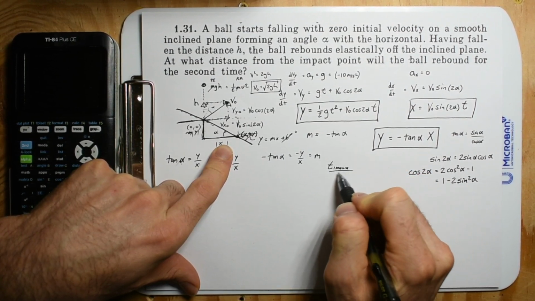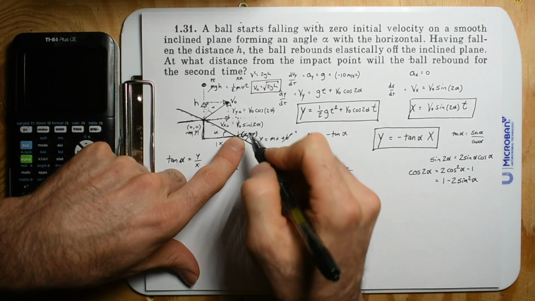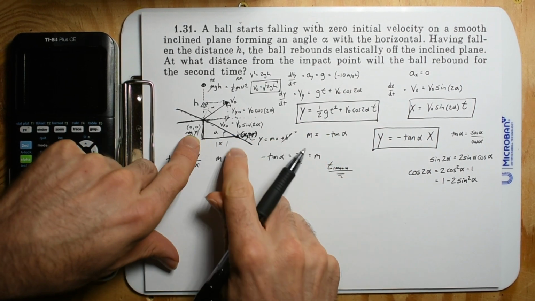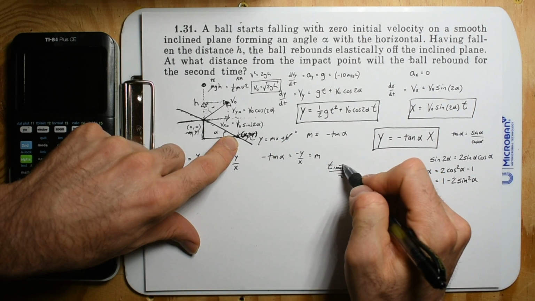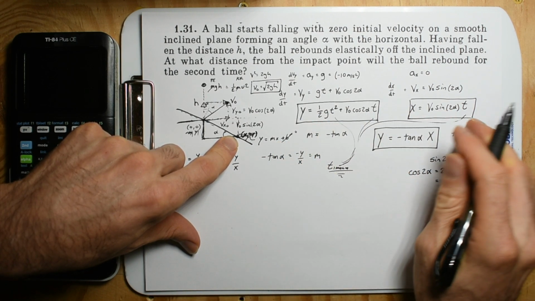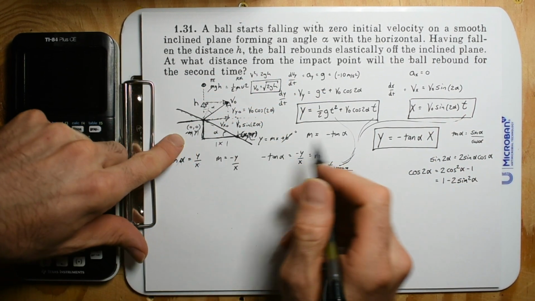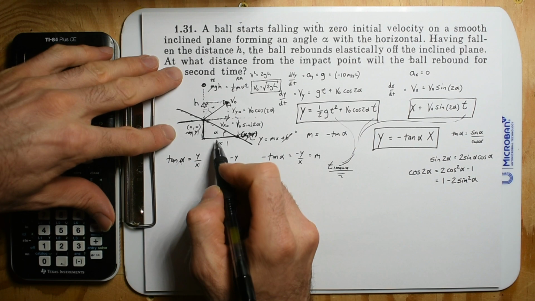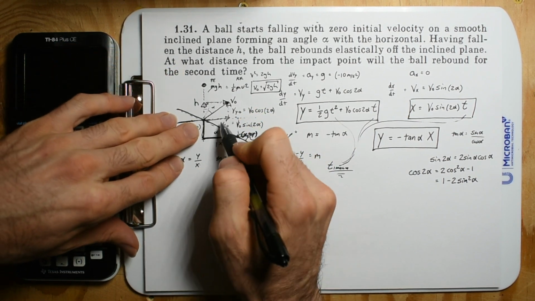Once we know that time, we actually have to get the xy coordinate of that point, because we'll throw this time into here to get the y coordinate, and into there to get the x. And then once we know the x and y coordinate, we have to use Pythagoras' theorem, because we'll know the x value and the y value, but they want to know d.